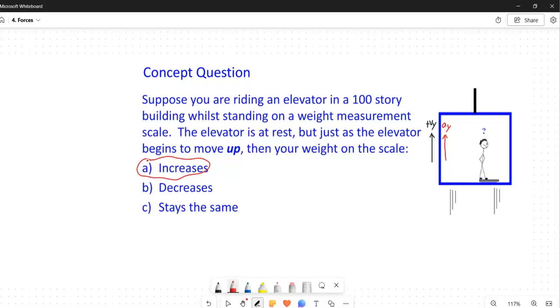There's a lot of math behind this, but basically your body is not trying to change its motion. It's currently not moving, and when something begins to shove you upwards, your body resists that change in motion. So the bottom of the elevator is moving you upwards, you're resisting that change, and the result is that you feel heavier.